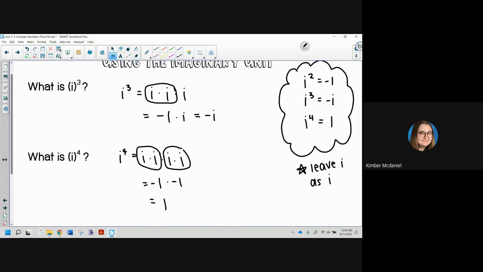The other little note that I want you to make, out from your little cloud of facts, is memorize. These 3 facts, that i squared is equal to -1, i cubed is equal to -i, and i to the 4th is equal to +1, you have to have memorized for the Unit 3 test. As of right now, it is on our calendar on our board as well as the calendar on Google Classroom.